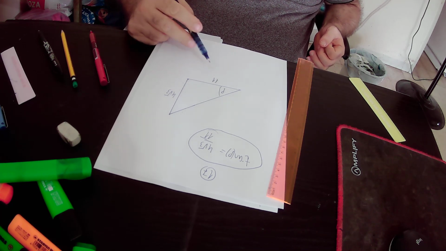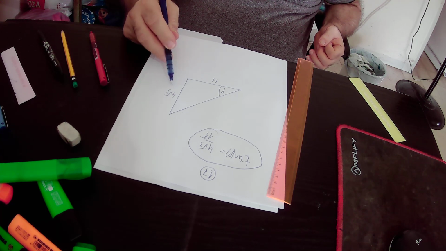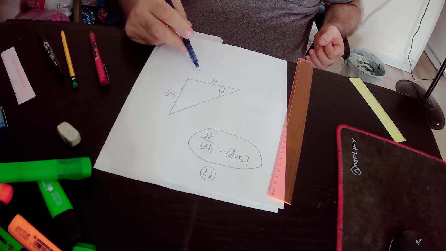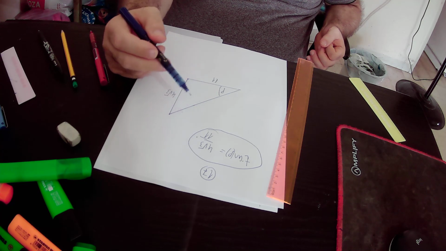Okay, so here tangent P equals 4 times root 3 over 11, exactly what we have here.